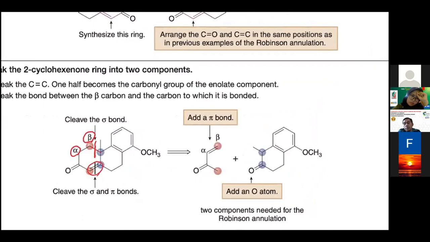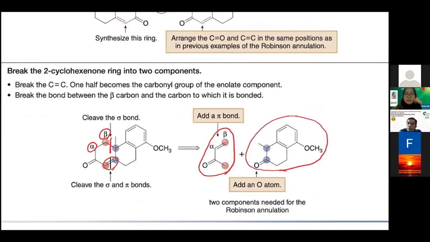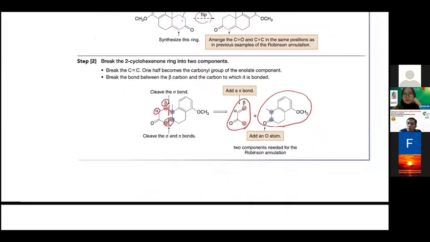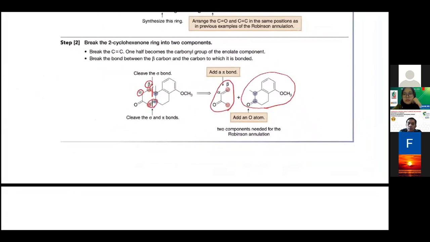So we can choose the starting compound here, and this one is activated. So starting from this one, we can make this compound. For example, this one has the double bond here and here.